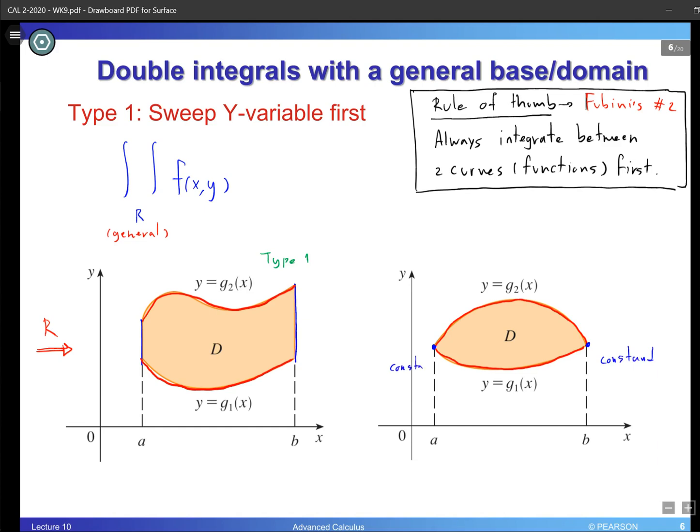So with this kind of value, you can assign it to be A and B, just like before. As you can see here, they are quite similar in terms of the characteristics. So with this one on the right hand side, you can safely call it type 1. Constants on both left and right, curves on the upper and the lower. So type 1.